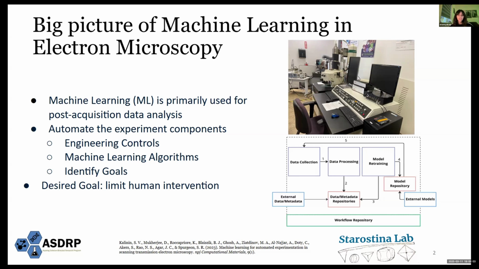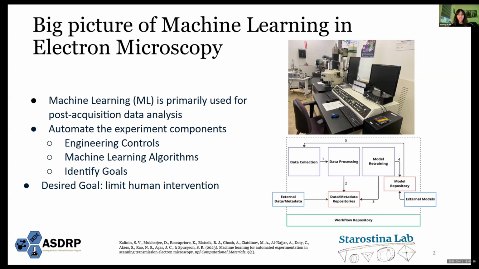In the consideration of automated experiments, there are three components to consider with complete automation. That is the engineering controls, which allow the operation of the microscope through external electronics, relying on manufacturer programmed interfaces.